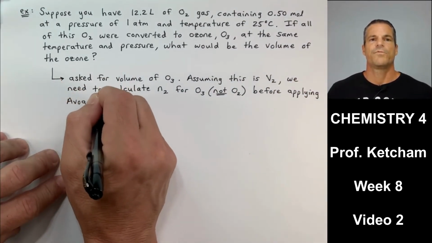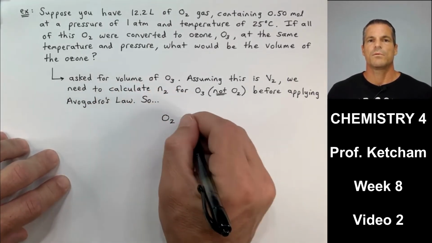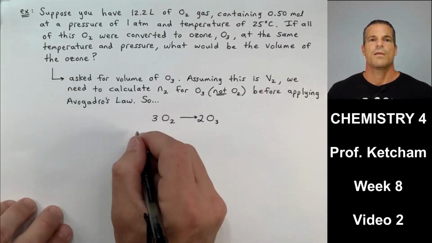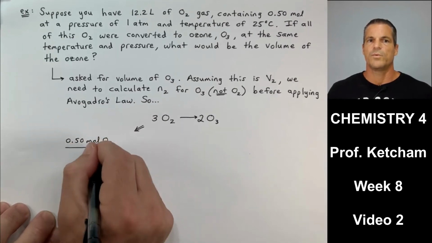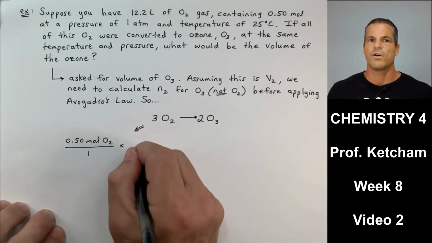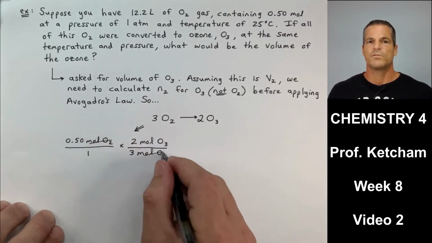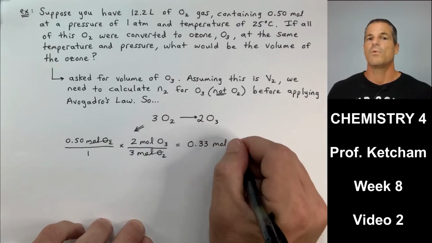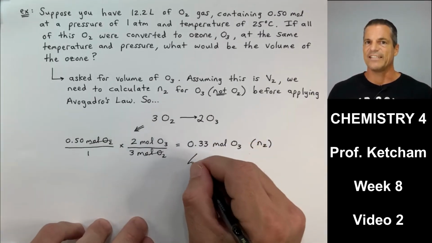So before applying Avogadro's law here, we have to do a simple chemical reaction, balance it, and we're going to start with what we're given, put it over 1 because we assume all the O2 is converted. 0.50 moles of O2. For every 3 moles of O2 in the balanced equation, there are 2 moles of O3, 0.33 moles of O3. That's how much O3 we have at the end.